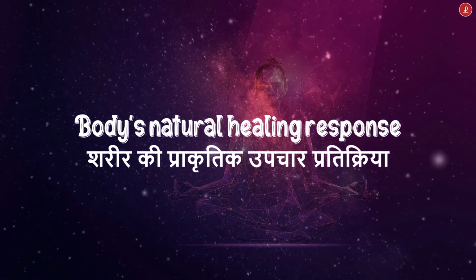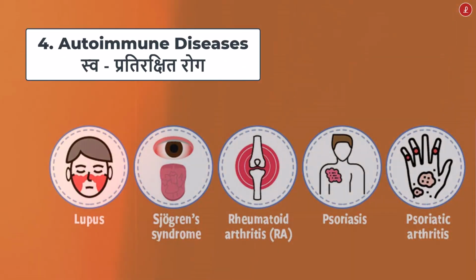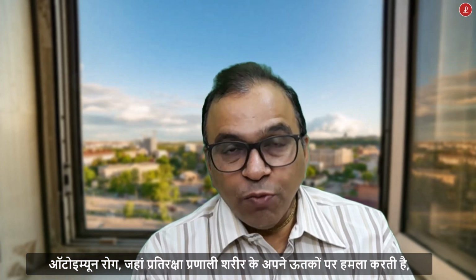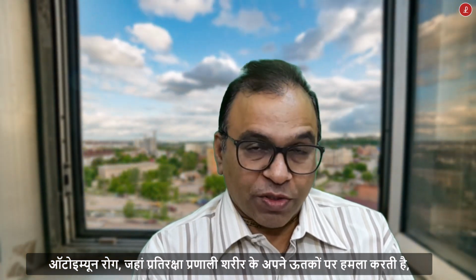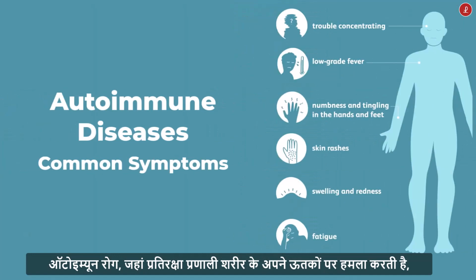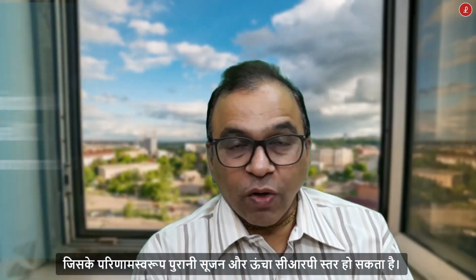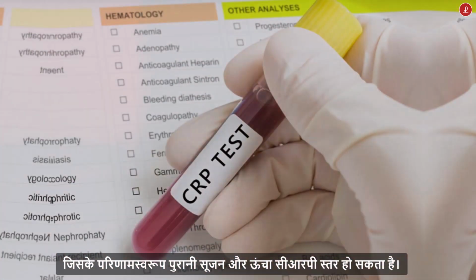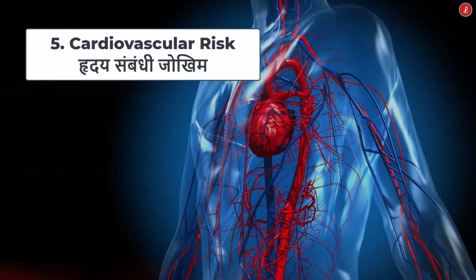The fourth important point is autoimmune diseases, where the immune system attacks the body's own tissues. This is called an autoimmune disorder and can result in chronic inflammation, and elevated CRP levels can persist in such situations. Then the fifth important point is cardiovascular risk.